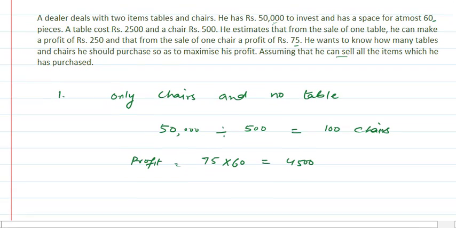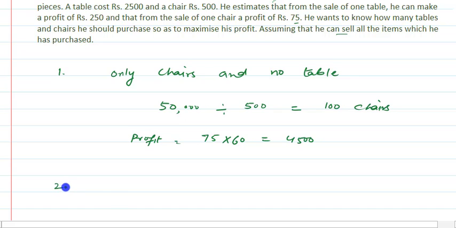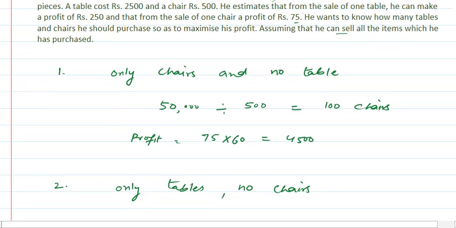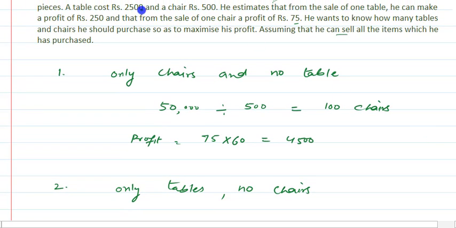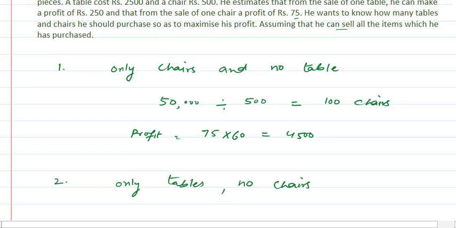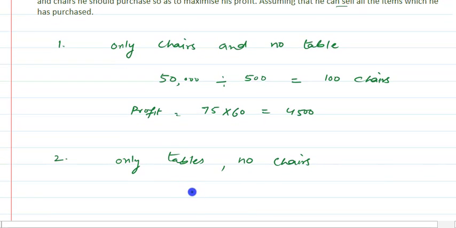Now the case may be he purchased only tables and no chairs. So in this case, as the cost of one table is rupees 2,500 and the total amount he wants to invest is 50,000, therefore the number of tables he can purchase is 50,000 divided by 2,500.